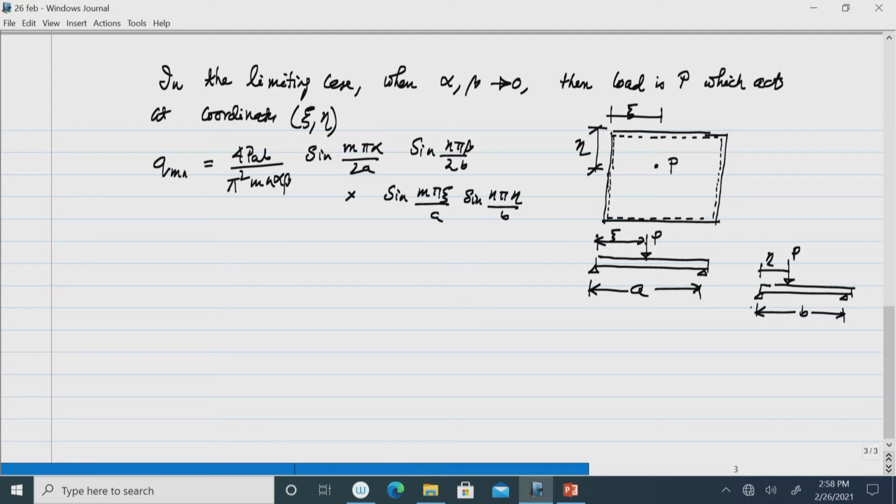Now, take the limit of Qmn as α and β go to 0.